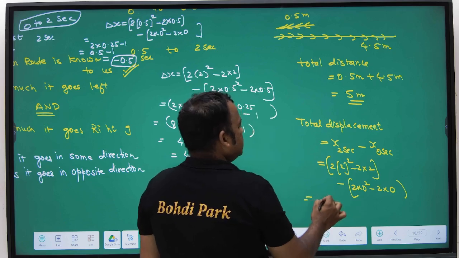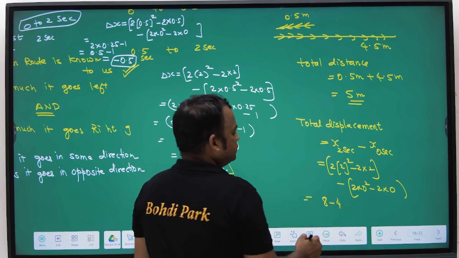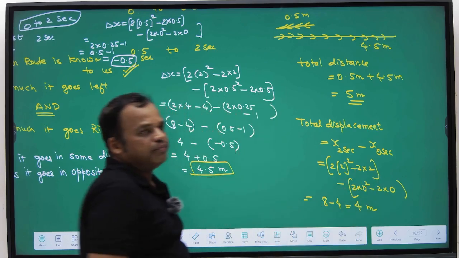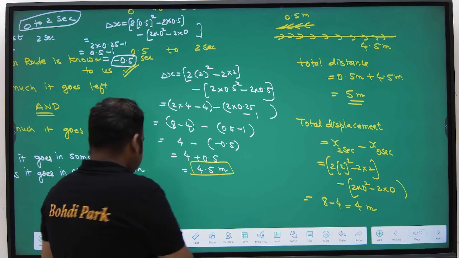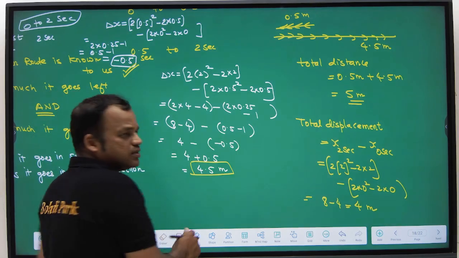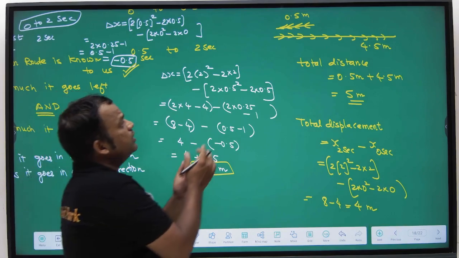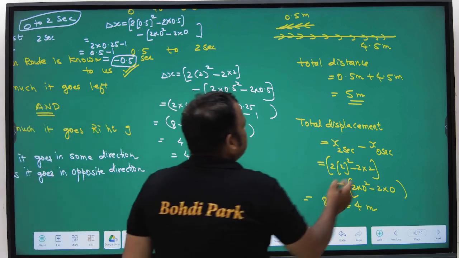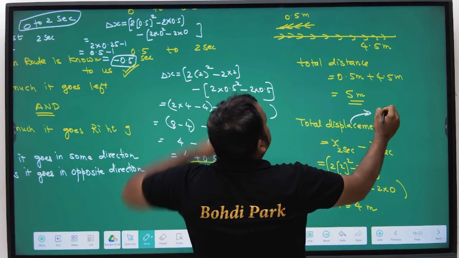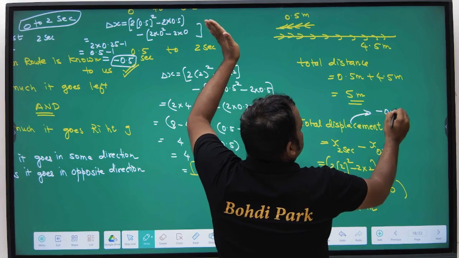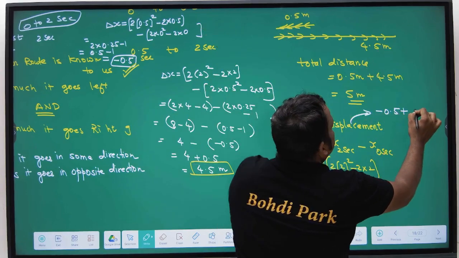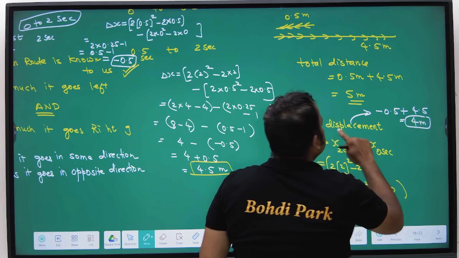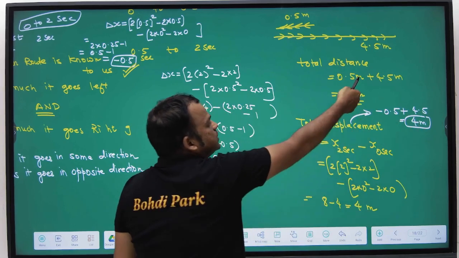So that is 8 minus 4, it is 4 meter. Or we can use simple numbers like how you add negative and positive numbers. So we can also write total displacement as minus 0.5 plus 4.5, that is equal to 4. So displacement is 4 meter and distance is 5 meter.